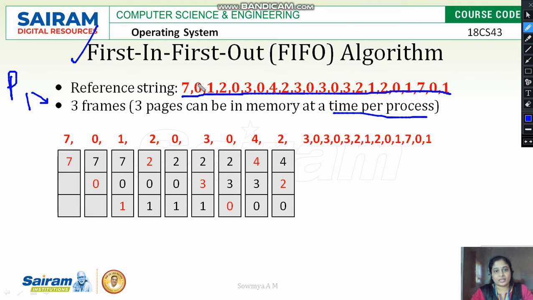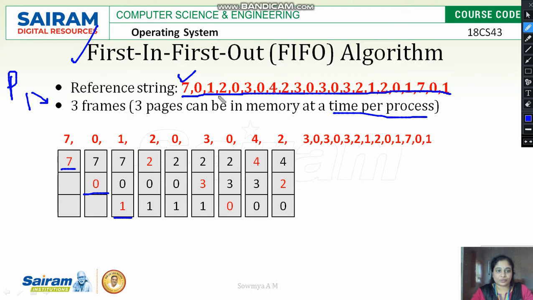Based on first in and first out, the first page in the sequence will be allocated first, then the next and the next. After 3 pages, there are no more free frames available. Then the concept of page replacement comes. According to the first in first out algorithm, the frame which came first needs to leave first and allow the next frame to execute.